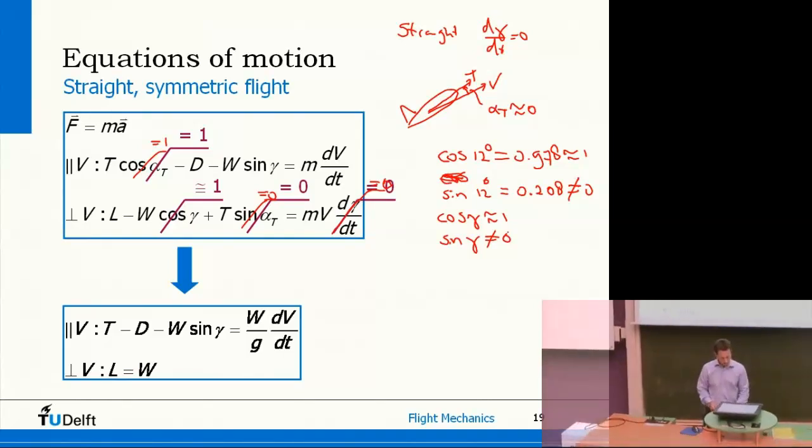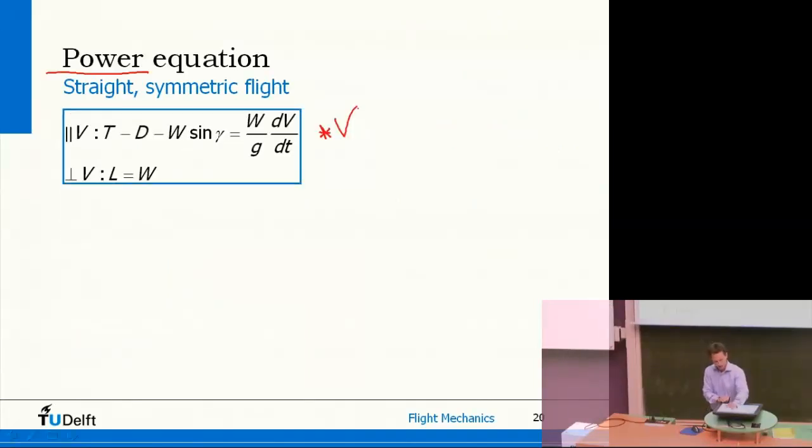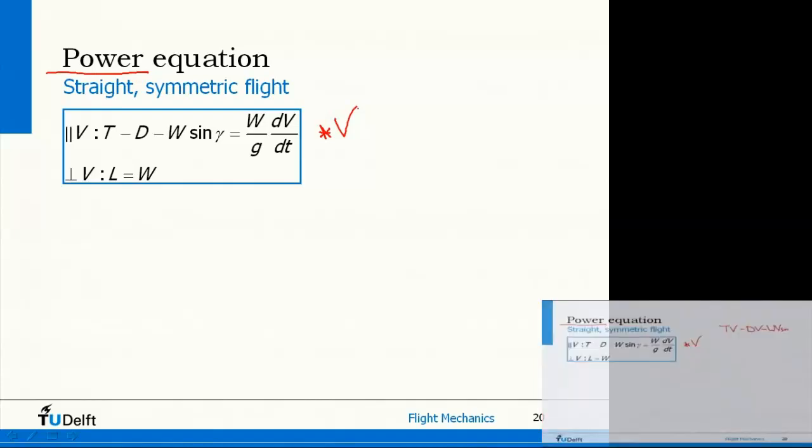Now, if you have that, then what I could do, I could also make a power equation, and that's just to show you what does this mean physically. If I multiply this whole equation with speed, so on the left hand side and the right hand side, then I get this. So this is what I get if I multiply everything with airspeed.